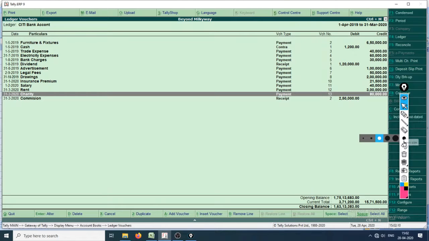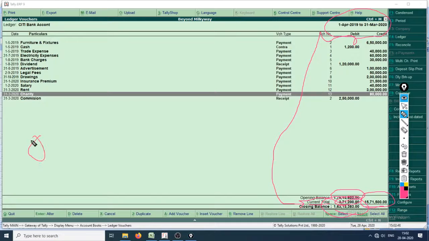I'll show you one thing, how to read an account. This right here is opening balance. This right here is the total of all the debits and credits for this period. That is, debit total is 371,200 and credit total is 1571,500. So there are more payments than receipts in this year, and the final balance is 163.